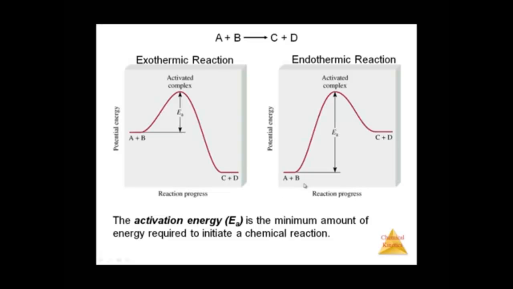It doesn't matter whether it's an exothermic or an endothermic process, there's still some amount of energy. So here where I'm endothermic, I've got to put energy in. This whole distance is my activation energy, because I've got to go from where I am to the activated complex. Okay? And if you remember, it's just this distance here that's going to be my delta H. It would be this distance here that would be my delta H over this side. Okay.